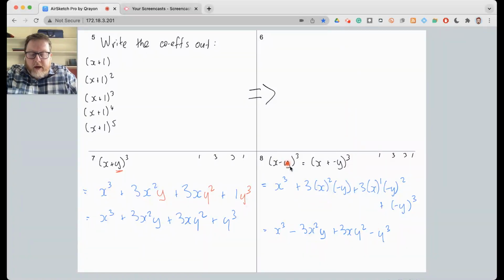So if I had x minus y to the power of 10, it'd just be positive, negative, positive, negative, positive, negative, positive, negative, positive, negative, all the way. Okay, hope that makes sense. In the next video, I'm going to go through some example problems, but that's it for the theory. Let me know if you've got any concerns over the concepts.